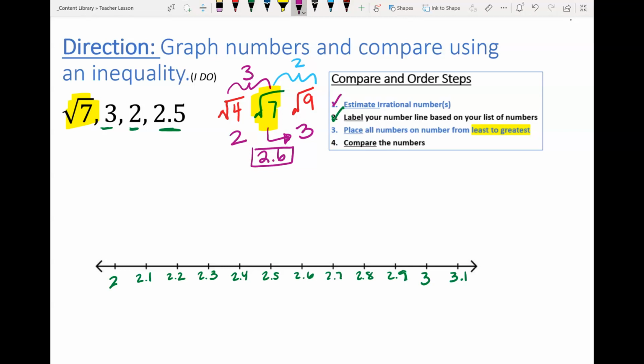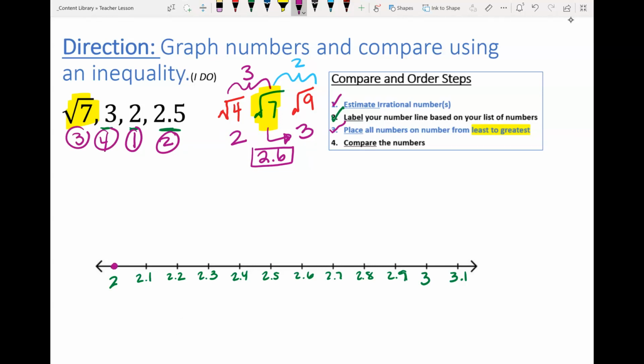Now let's label it. So we label our number line from the list of numbers. We're going to place all the numbers on the number line from least to greatest. So we know that this is the first number, this is the second number here, this is the third number, and this is the fourth number. So we're going to go place them.